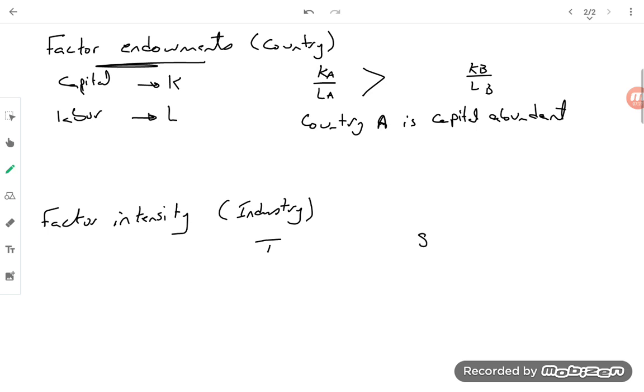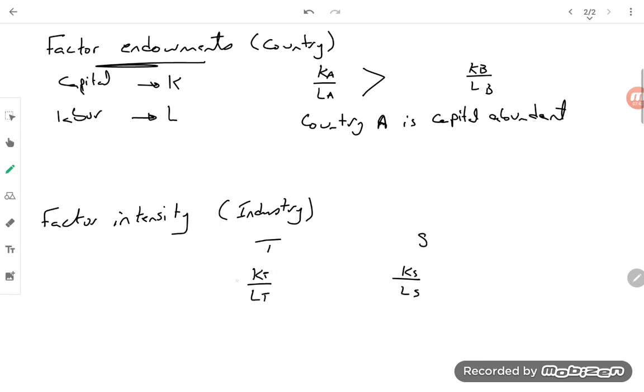So we would like to know which one requires a greater capital labor ratio. We compare the capital labor ratio for textile, the quantity required to produce a single unit of textile, and the capital labor ratio for soybeans.